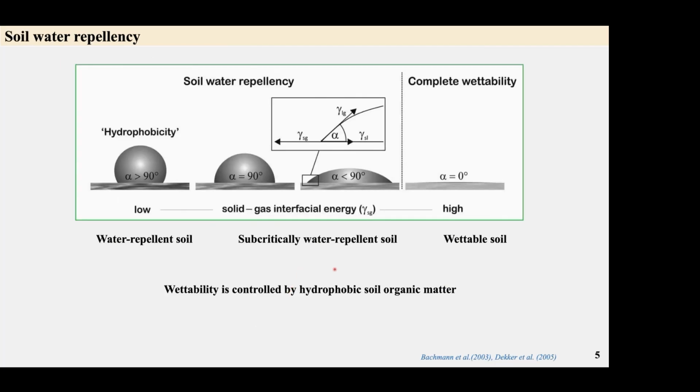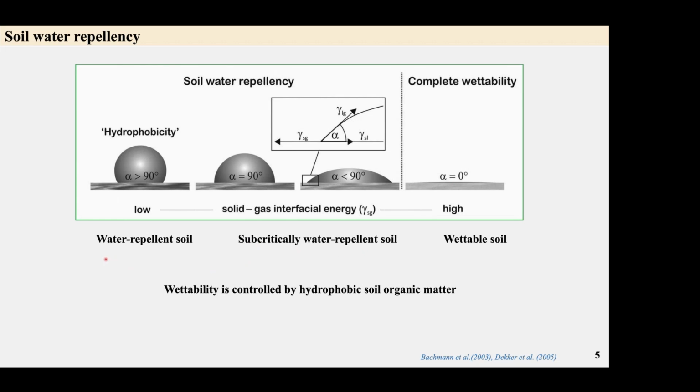But soil water repellency can be defined very well with contact angle. If the soil water contact angle is 0, then the soil is wettable. However, when the contact angle is between 0 and 90, soil is called subcritically water repellent.